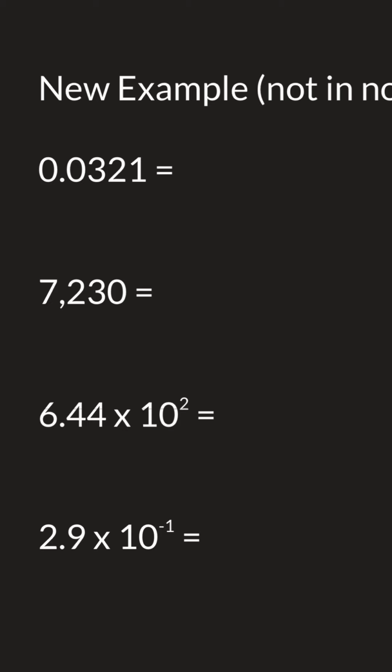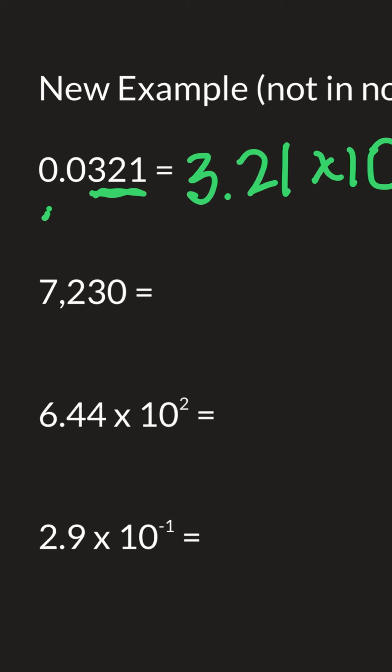Okay, so in this example here, you can see that the number is less than 1. And here are my non-zero numbers. So again, I'm going to write 3.21. Now, because it's less than 1, we're going to have a negative exponent.